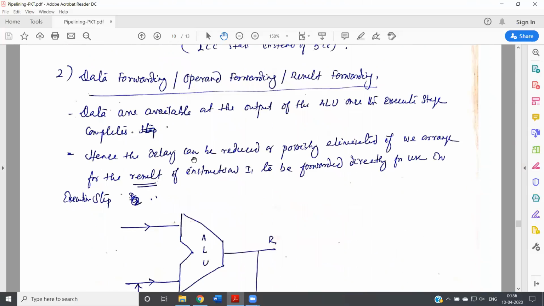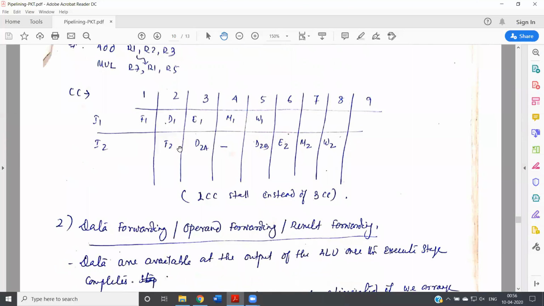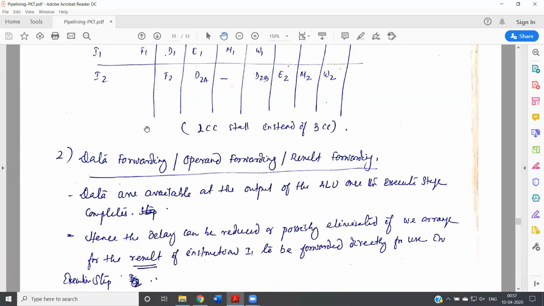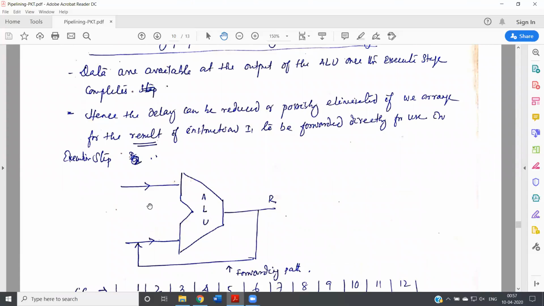Now when R2 and R3 are given here, it doesn't produce R1 directly; R2 plus R3 is produced here, and writing to R1 is done in the write back stage. The result obtained after the ALU can be forwarded to one input of the ALU. So this R2 plus R3 can be given here to the ALU, and R5 can be given here, so that the next instruction can continue.